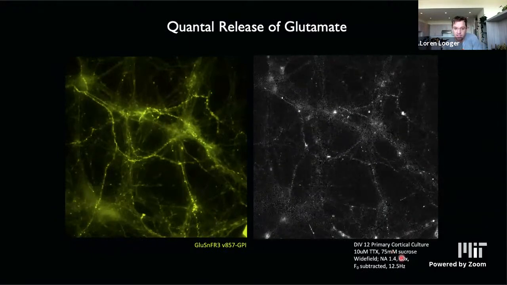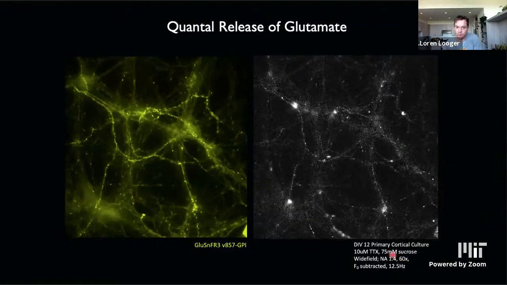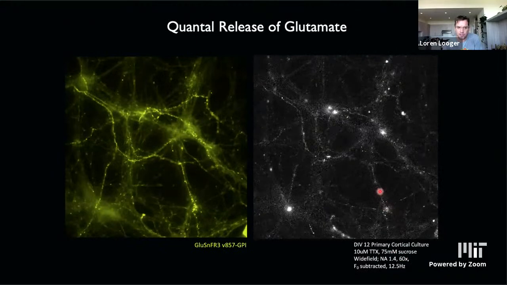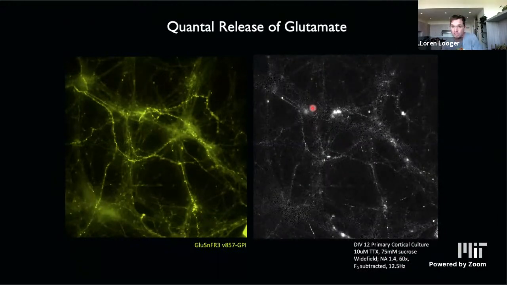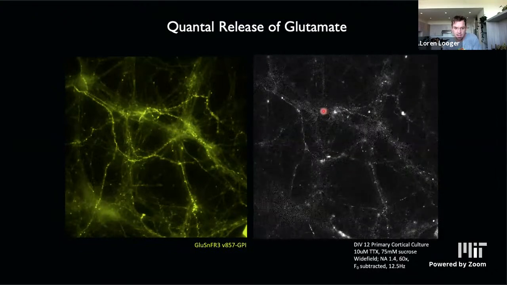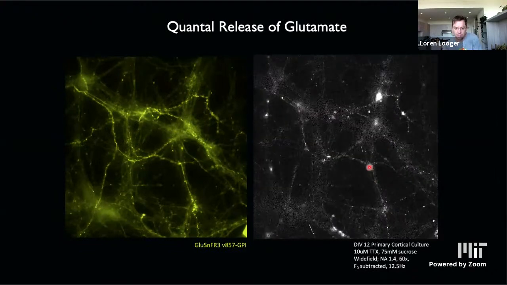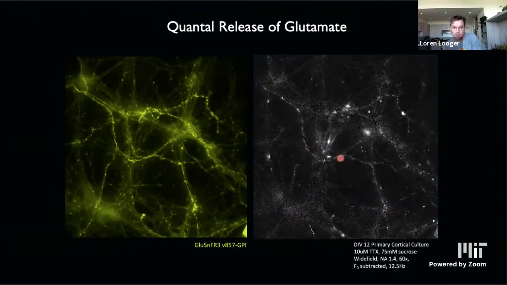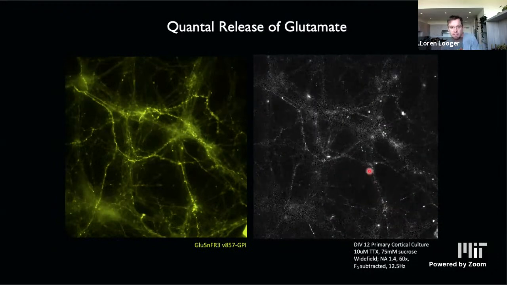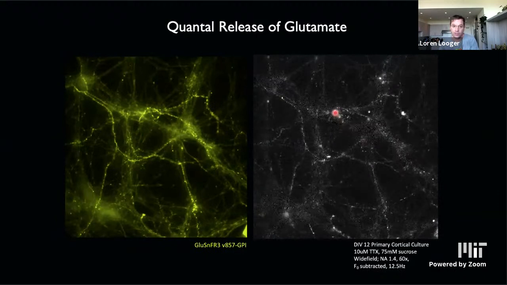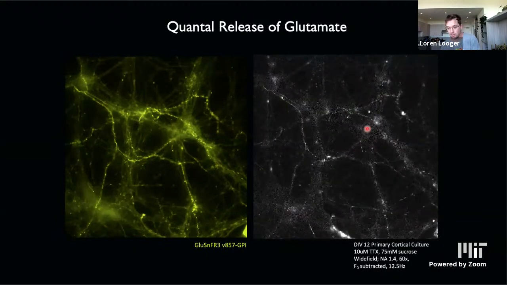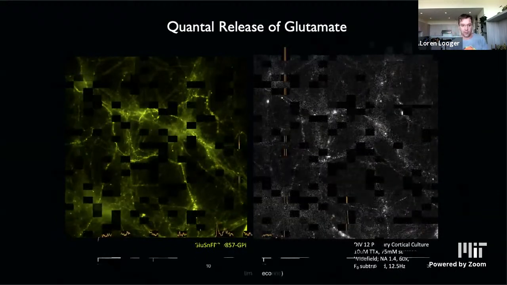They just stress it a little bit with sucrose, and you get low level release events, and they have reason to believe that most of these are minis. So these are release of single vesicles of glutamate.